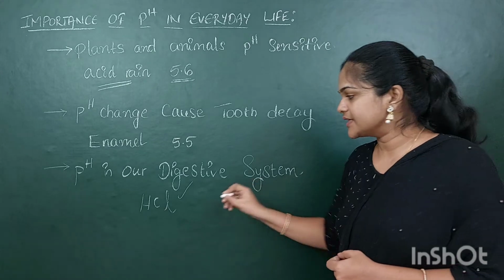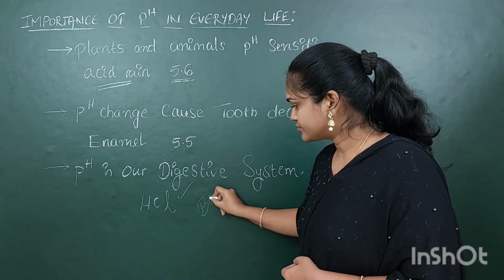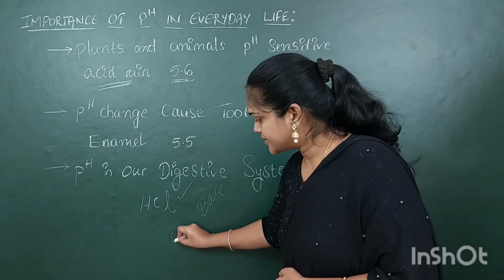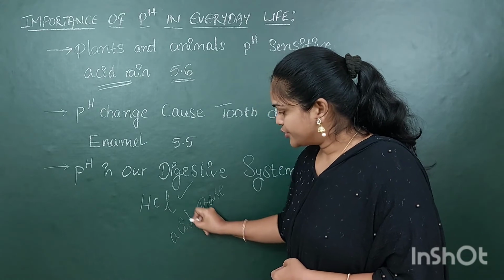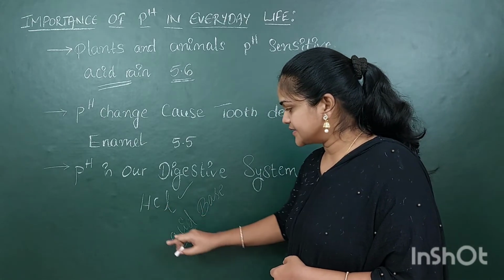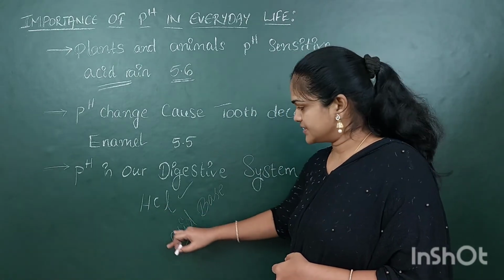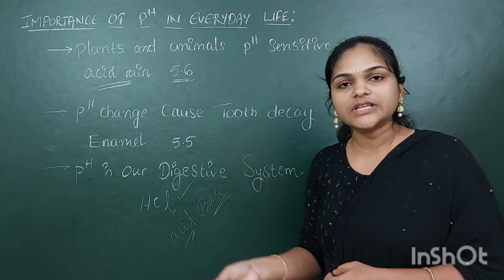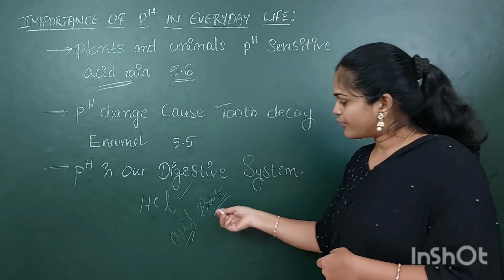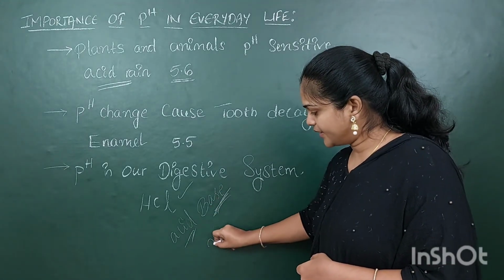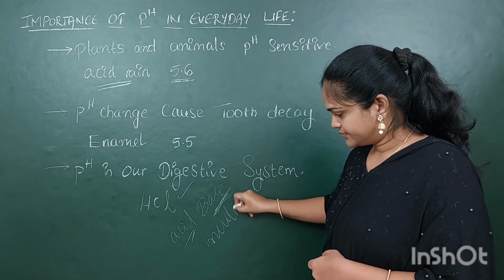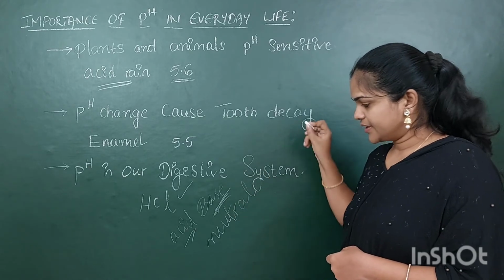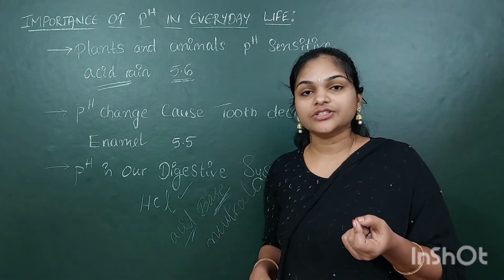Antacid is a base, and HCl is an acid. So to rectify this acidity problem, we give a base, either milk of magnesia or antacid. So what happens? The problem will be neutralized.